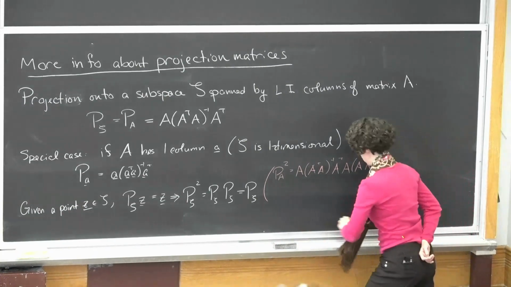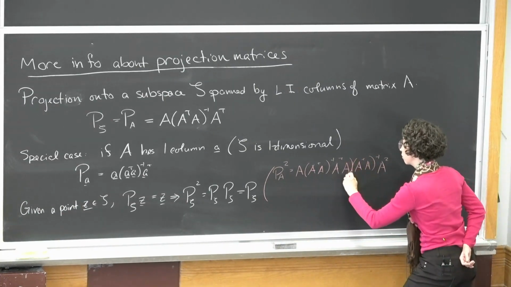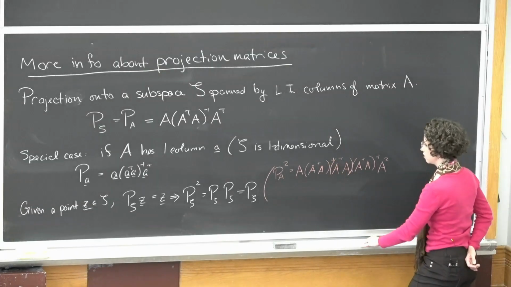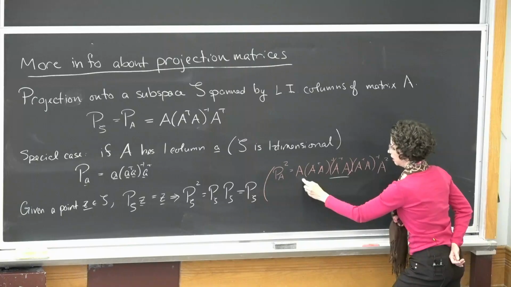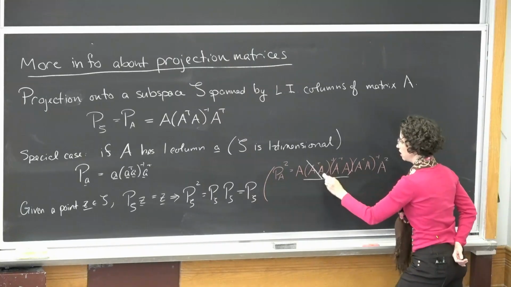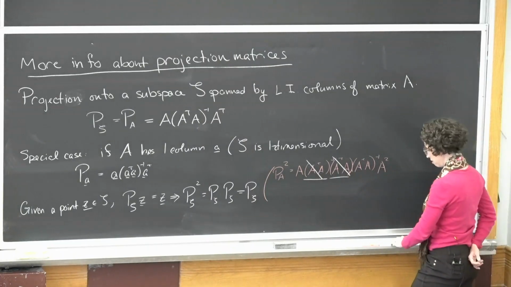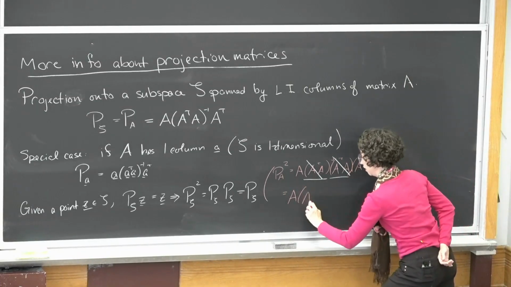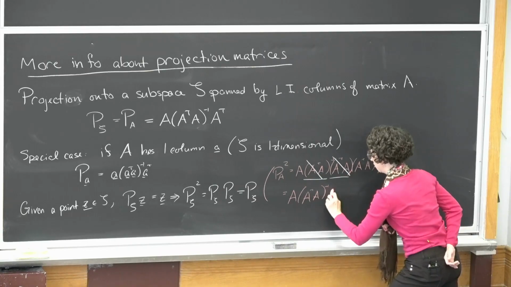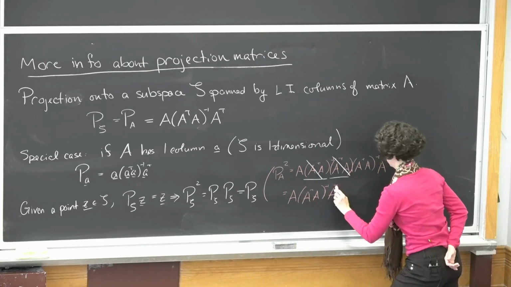And then when I look at this, maybe it'll be more helpful if I just put some parentheses around this. I see I have a matrix here that's multiplied by its inverse. So these are going to cancel out with one another. And so what I'm left with is A times (A transpose A) inverse A transpose.